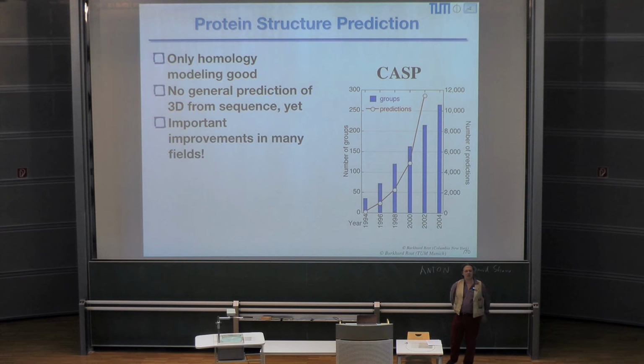And again, the idea in CASP is we send in the sequences and the models while the experimental structure is not known. But some of the organizers of CASP know that the structure will be there, hopefully. How will it be there? There's an experimentalist working on it and determining the experimental structure. And in fact, for some of the CASP targets, a typical CASP would have 100 predictions done.